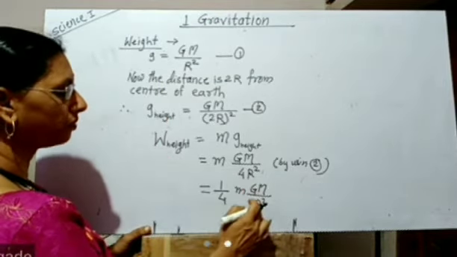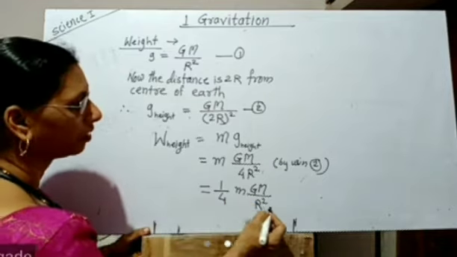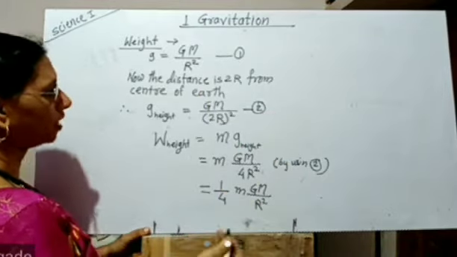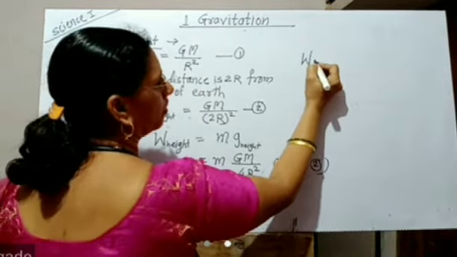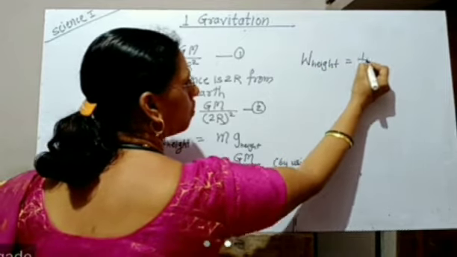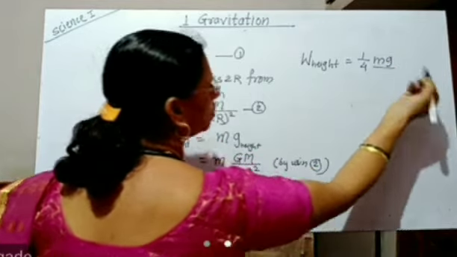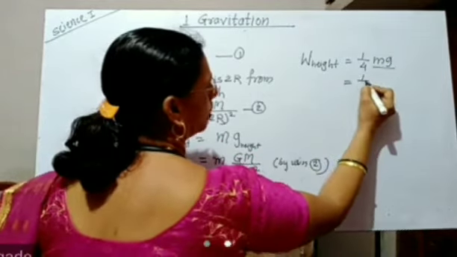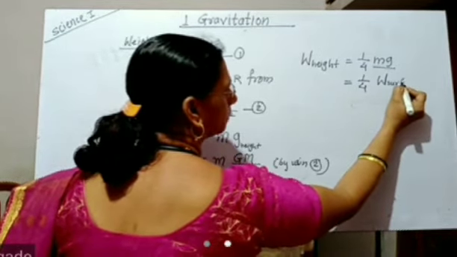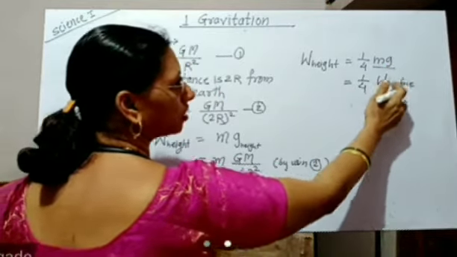Now m into GM divided by r square is nothing but the formula for g. By using equation 1, we can write weight at height is equal to 1/4 m into g, and m into g is nothing but 1 upon 4 weight on surface. This is the formula for the object when it is on the surface.